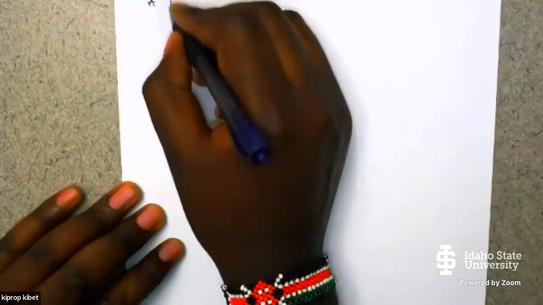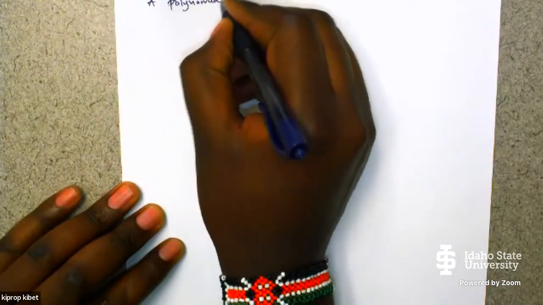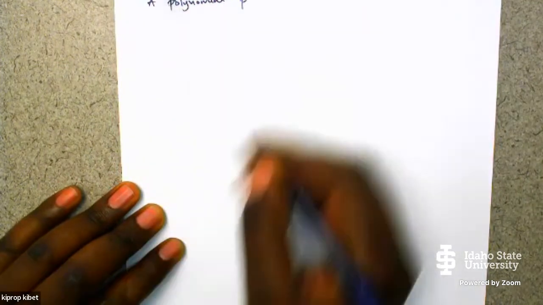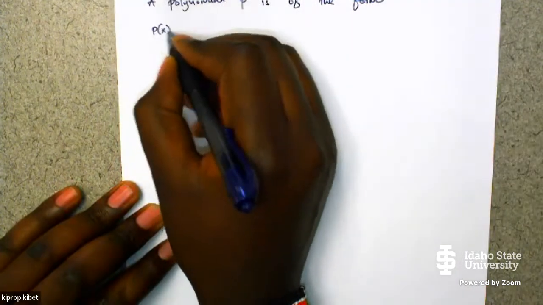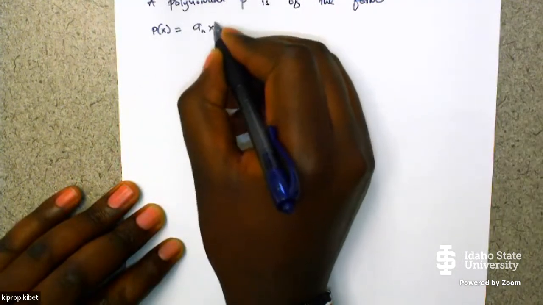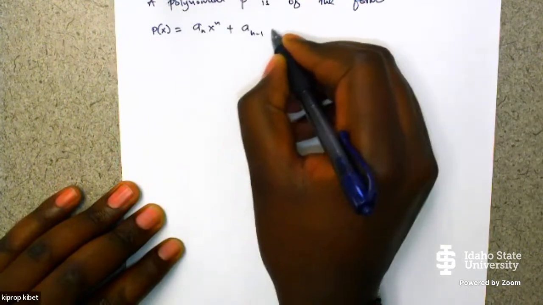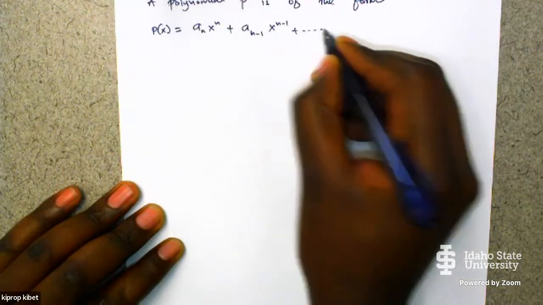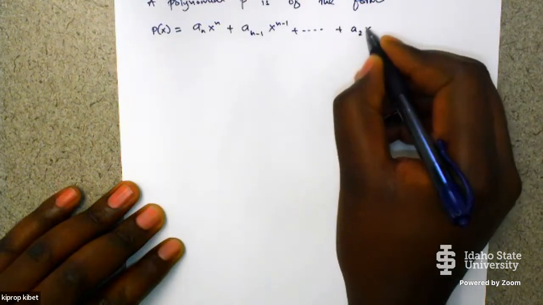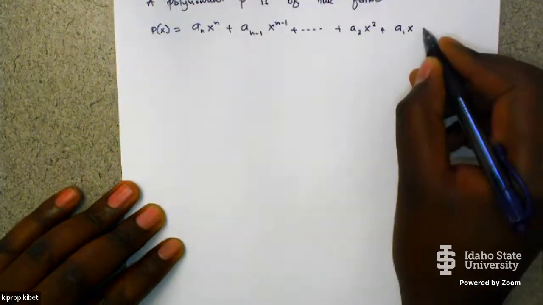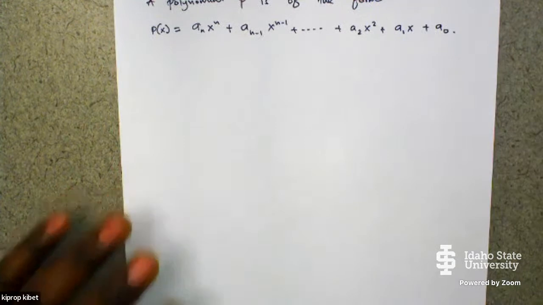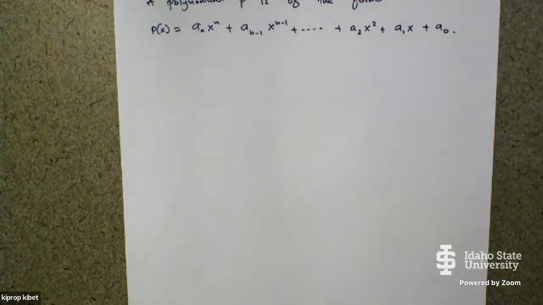A polynomial, which we can name p, is of the form p of x equals a_n x^n plus a_(n-1) x^(n-1) plus up to a_2 x squared plus a_1 x plus a_0. So the polynomial can be written like that.